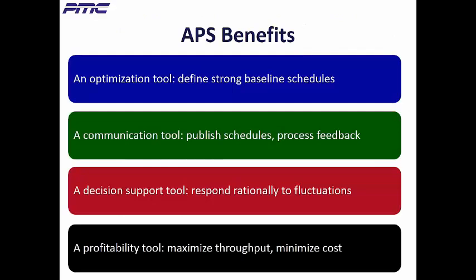When you've done that, that tool provides a lot of benefits as an optimization tool, defining strong baseline schedules, as we said, inherent complexity. It works as a communication tool, publishing schedules and processing feedback. It works as a decision support tool to help the production control team respond rationally to fluctuations.